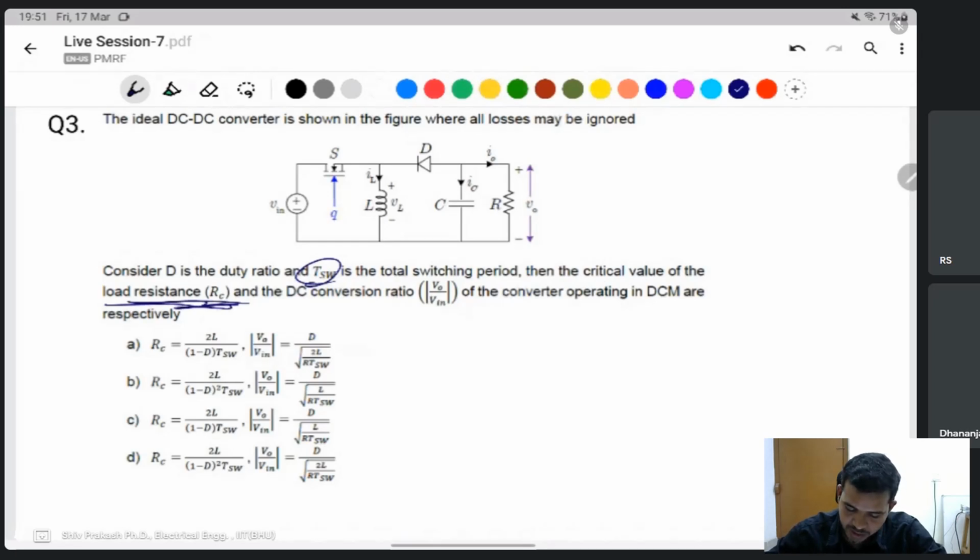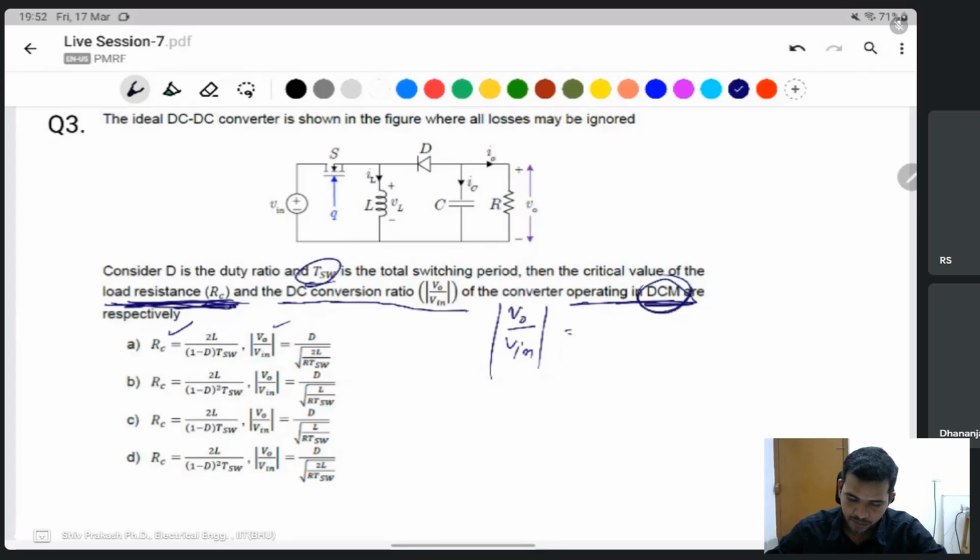Critical value means the boundary condition of inductor current, and the DC conversion ratio V output by V minimum is asked when operating in the discontinuous conduction mode. This one is a critical conduction and this one is a discontinuous conduction. What is the value of RC and V output by V minimum? First of all, know about the buck boost converter. This one is a buck boost converter.